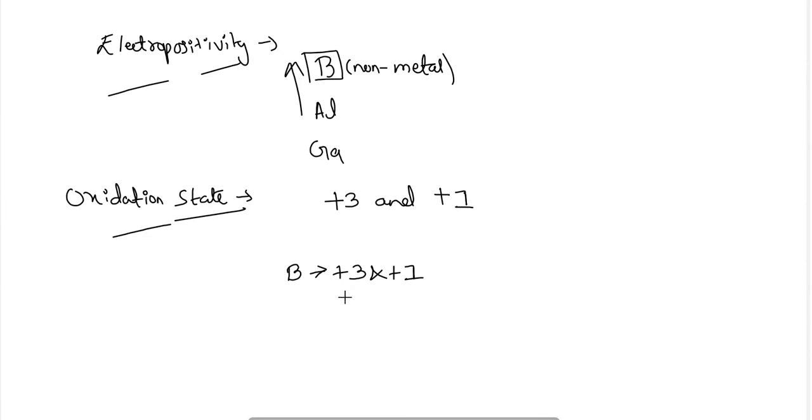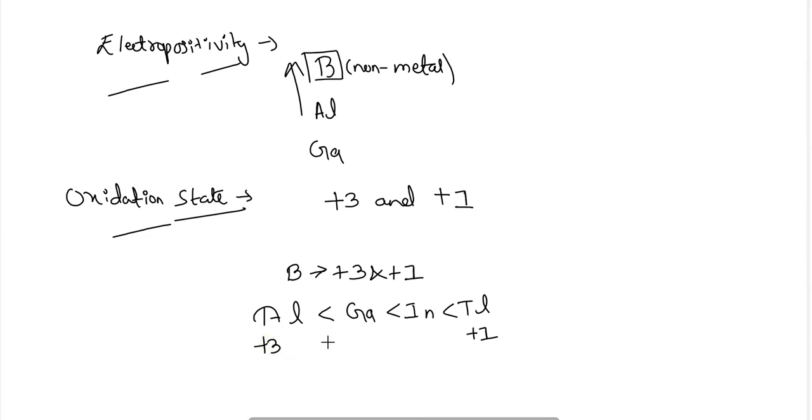Next, the oxidation state for the elements here will show the trend like this. Okay, and we will see that thallium will have more stability in the plus 1 state, while aluminium will have more stability in the plus 3 state.